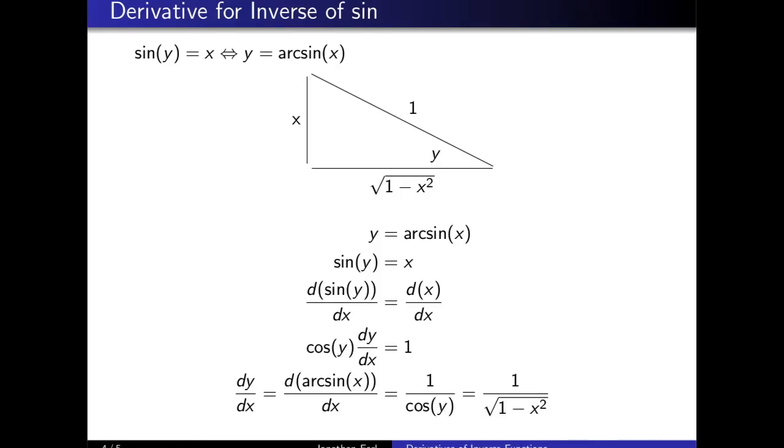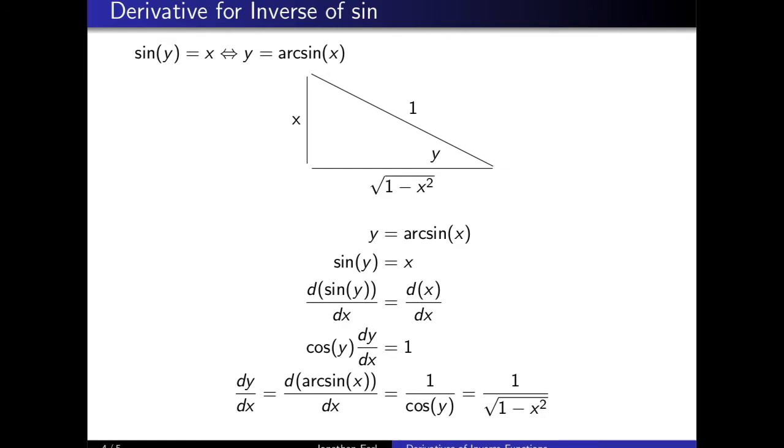Okay, so the next thing we could do is say, well, if sine of y is x, equivalently we're saying that y is the arcsine of x. Let's take the derivative of both sides here. We'll take the derivative of sine of y on the left-hand side, and the derivative of x with respect to x on the right-hand side. So more implicit derivatives.